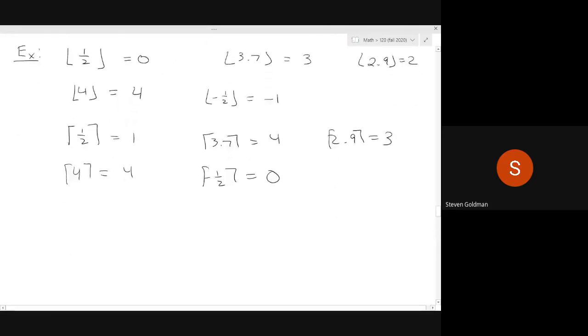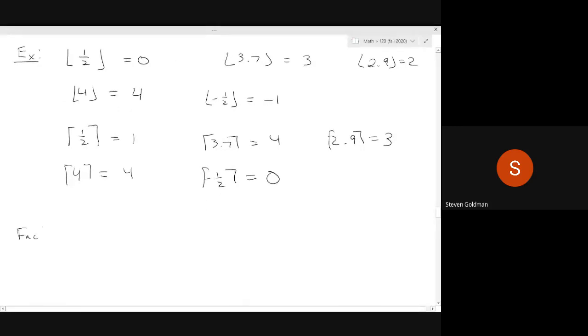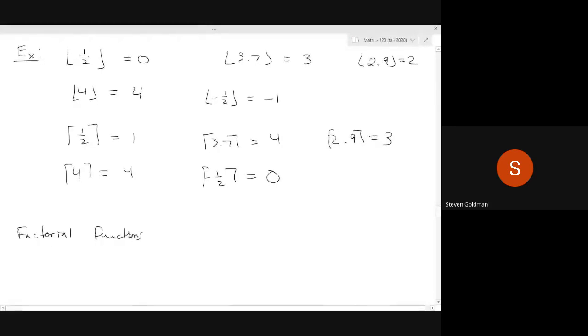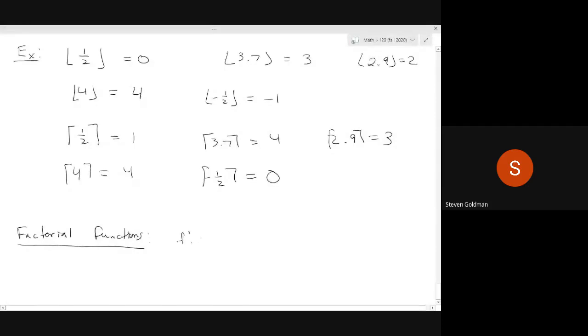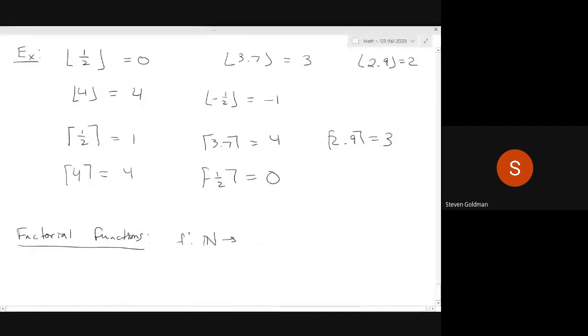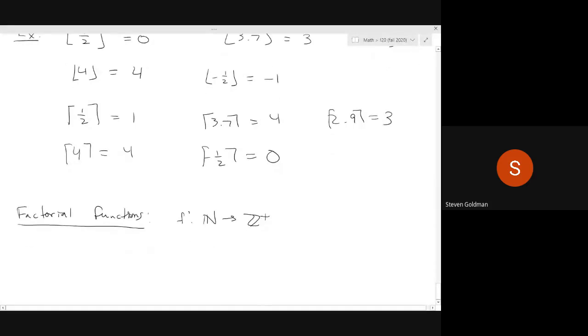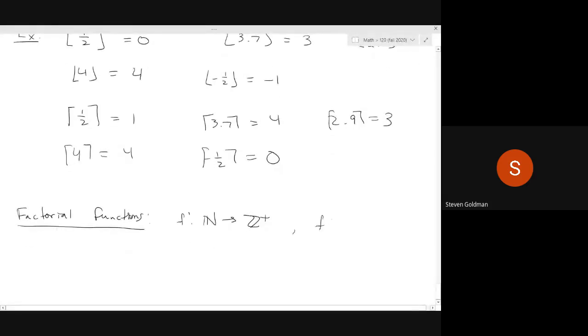Another function that we could discuss is the factorial function. I'm sure most of you are familiar with factorials. The factorial function is a function f from the set of natural numbers to Z plus, and it's defined as follows.